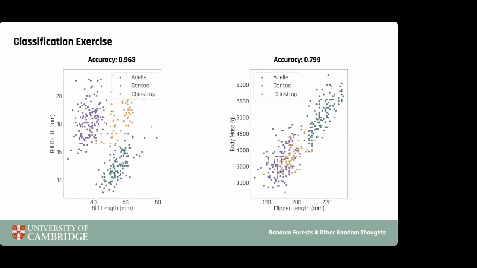If you did train your random forest just on the pairwise inputs, you would see that this one, which is looking at bill length and bill depth, is quite accurate. And then if you're looking at flipper length and body mass, it's less than 80. That's obviously because the data between the Chinstrap and the Adelie penguins isn't separable in that input space. And the random forest can't do that for you. It's not magic. It can't create some magic decision boundary if it doesn't have the data to underpin it. So that's point one.